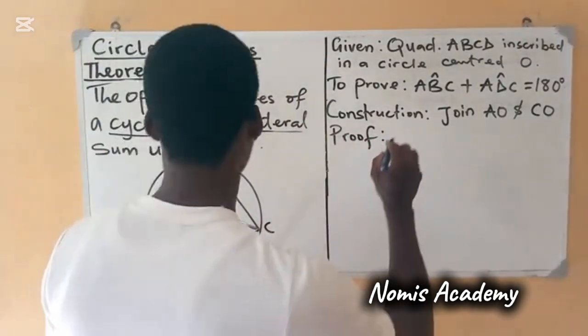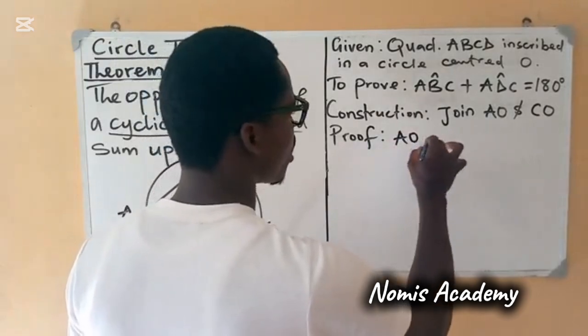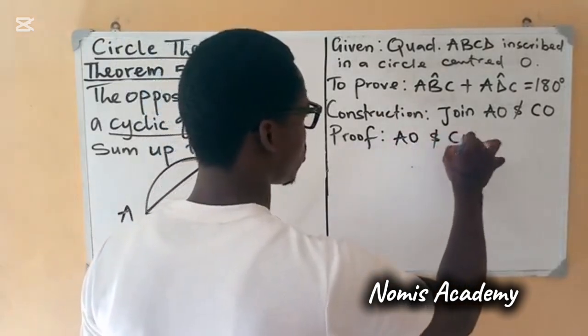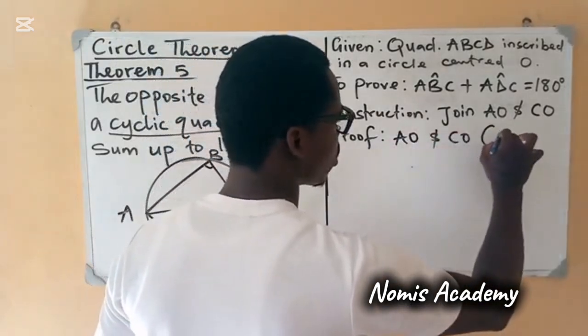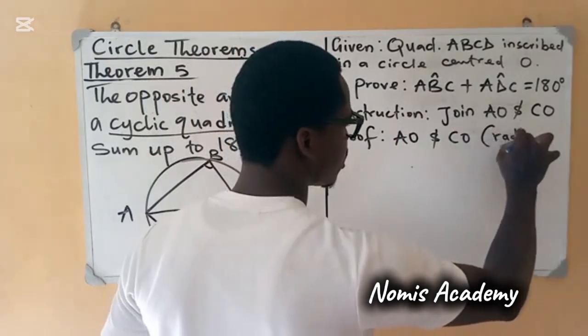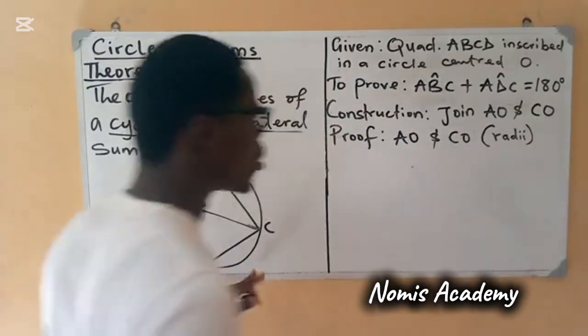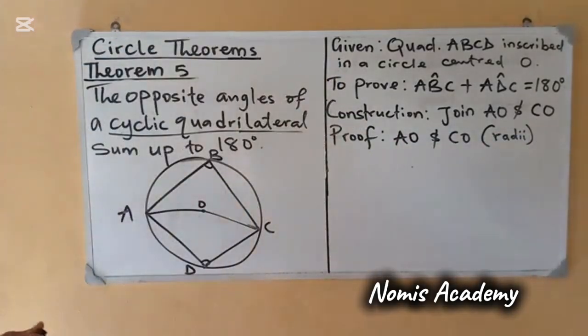Now we have AO and CO, which are the radii of the circle.